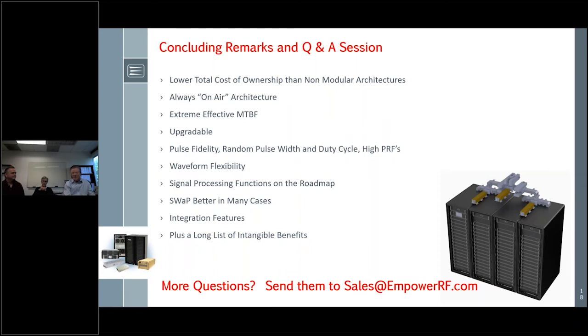The current designs that we have with the scalable architecture are predominantly UHF, VHF up to C-band, and then we have an X-band design as well that's air-cooled, not liquid-cooled. But long answer, short question: LDMOS, probably 1 gigahertz and below, gallium nitride on silicon carbide above that.